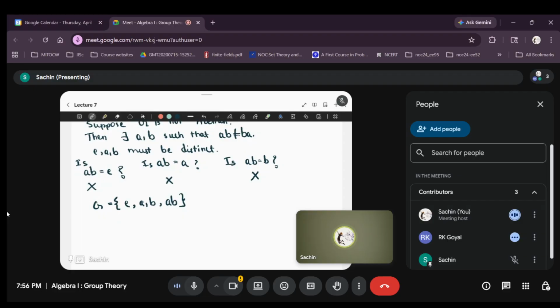Now we will show that this group has to be abelian, which would be a contradiction. Now we see what BA is. Since B and A are elements of the group G, BA must also be an element of the group G. So BA must be one of E, A, B, or AB.